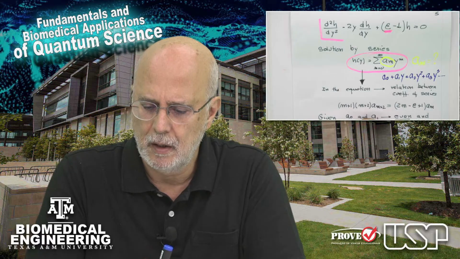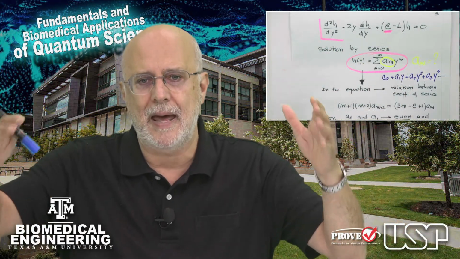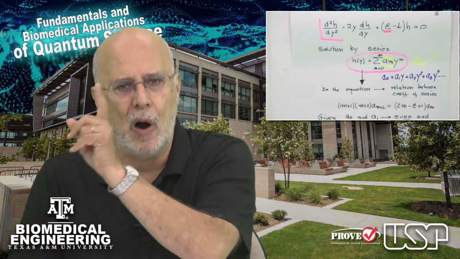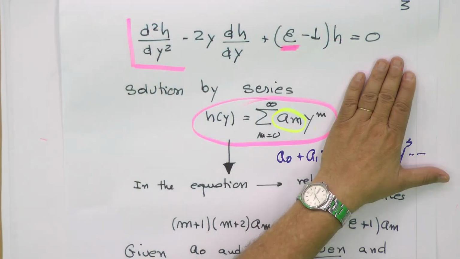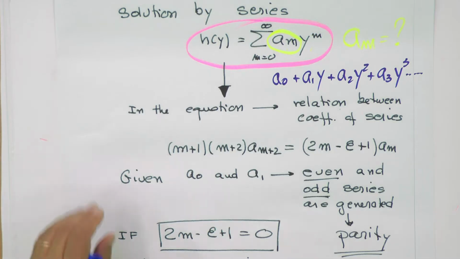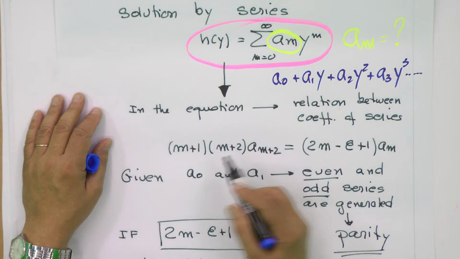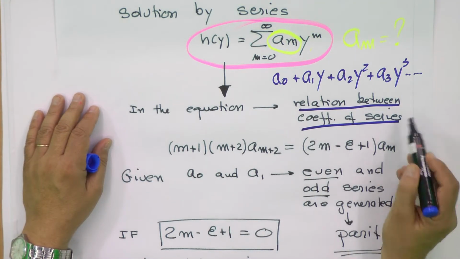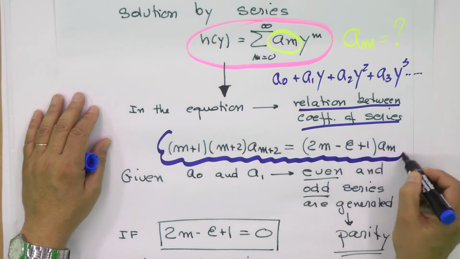And then when I wrote everything up and I demanded that the coefficient for any power of y be 0, because this has to be valid for any value of y, I get a relation between the coefficients that we call a recurrence relation. And then I find that this is not any series.